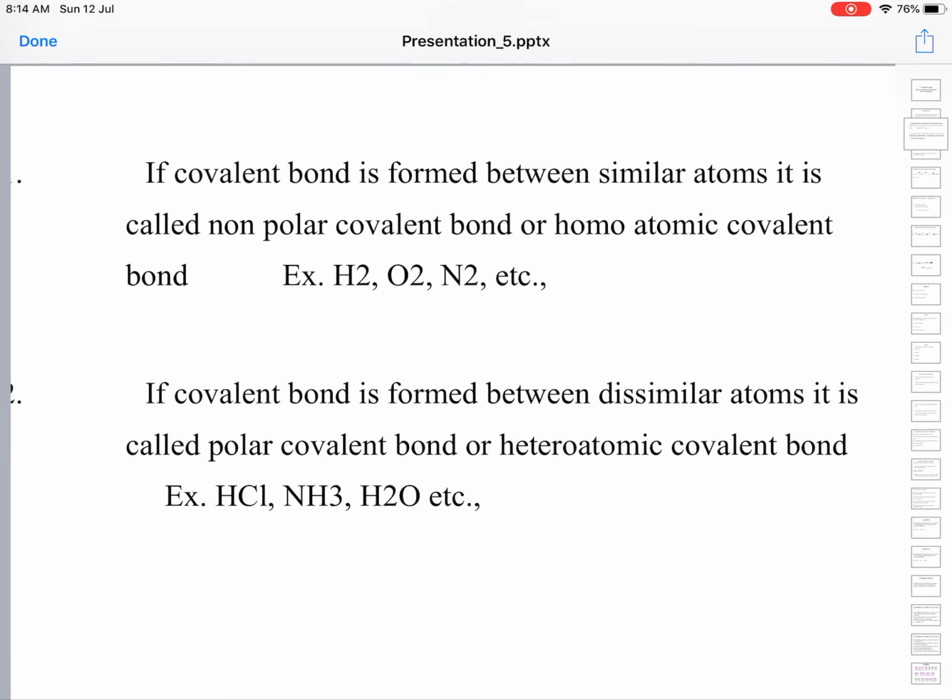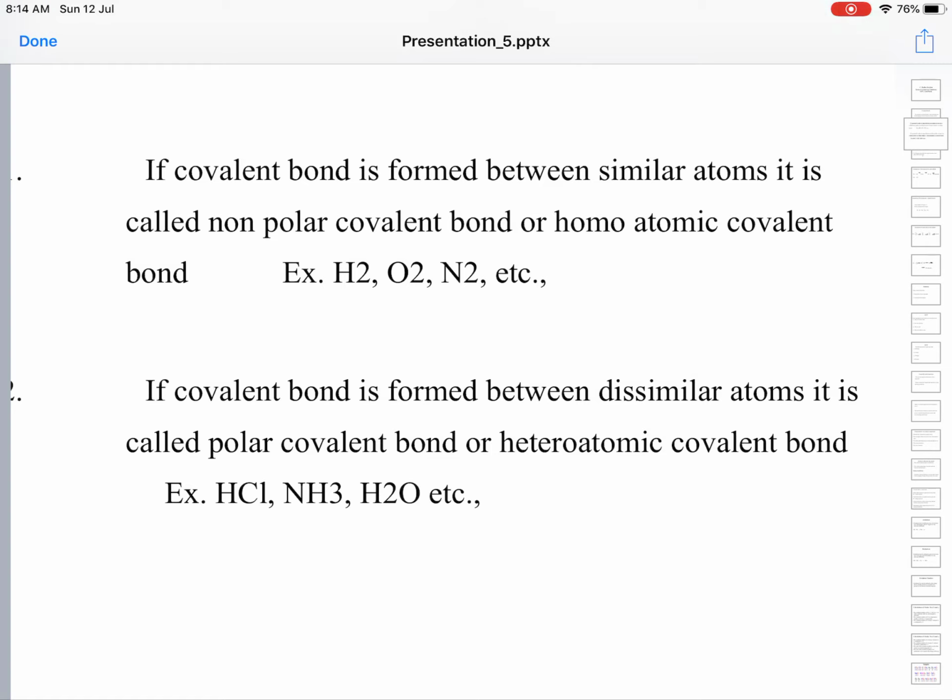If a covalent bond is formed between similar atoms, it is called a non-polar covalent bond or homoatomic covalent bond. See, this bond can be formed between the same, identical atoms, or between different atoms. If it is formed between the same atoms, the bonding pair will be shared totally equally, because both the contributing atoms are identical.